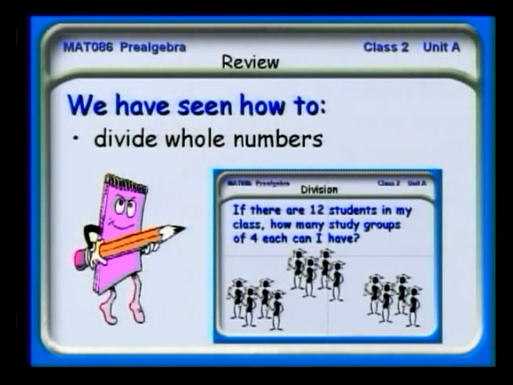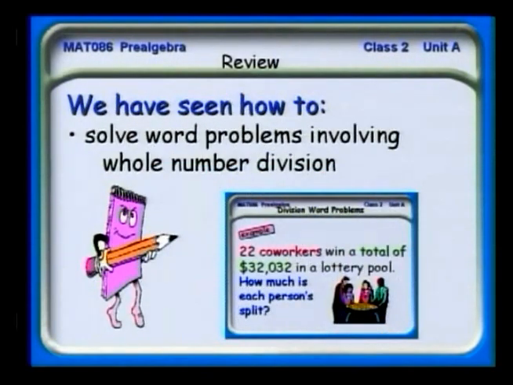So let's review. Here are the things we've seen how to do in this unit. We've seen how to divide whole numbers, and remember that's the process of splitting things out into equal numbers within a certain number of groups. We've seen how to solve word problems involving division, and it usually involves a split.